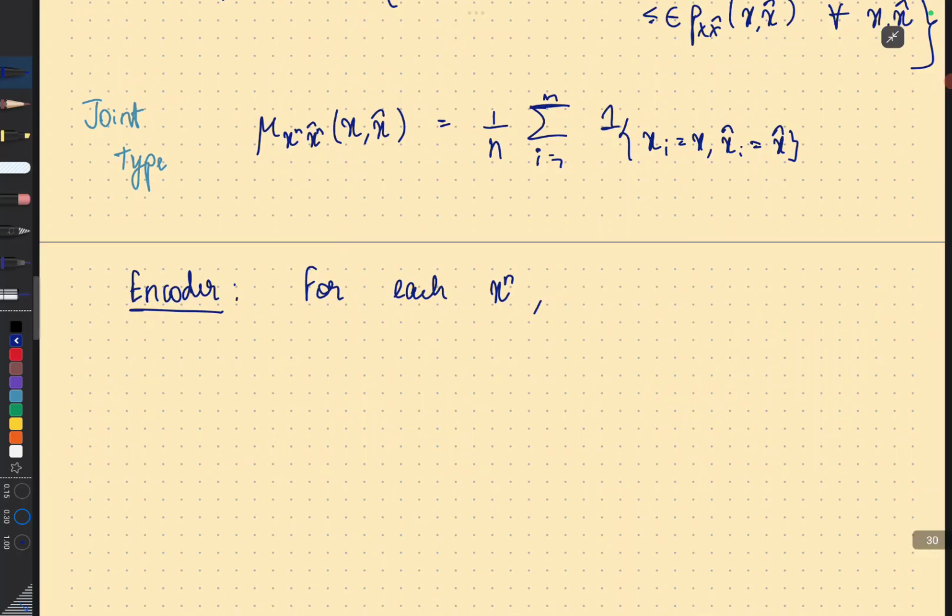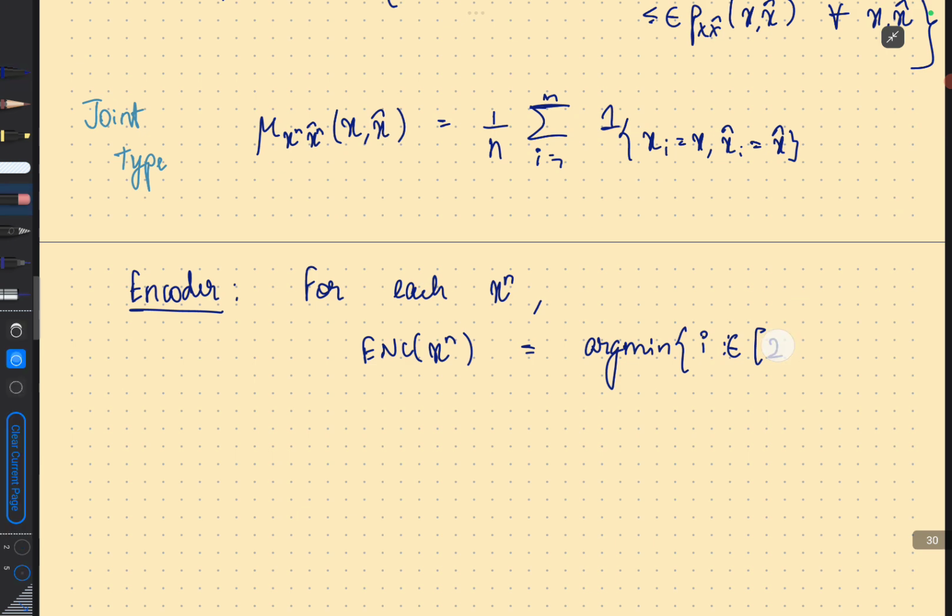Alright, so for each x^n, the encoding of x^n is going to be equal to the smallest j in 1, 2, 3 up to 2 to the nR such that x^n is jointly typical with x hat^n of j.